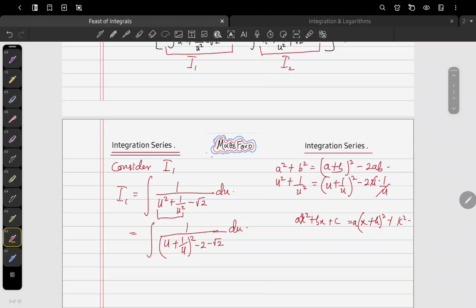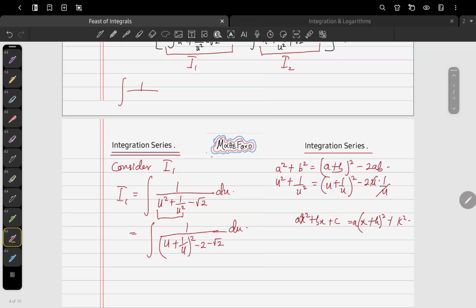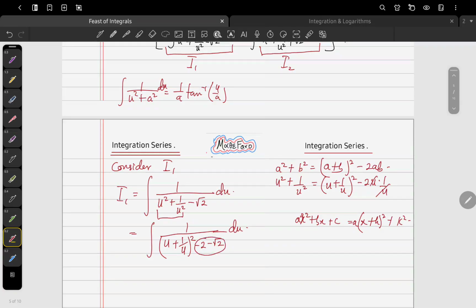And for that to work, for us to be able to use the tangent identity, the integral of 1 over u squared plus a squared du is 1 over a tan inverse of u over a, I want a situation where I can write this as plus something. So I need to change my idea here a little bit. Let's tweak it a little bit.